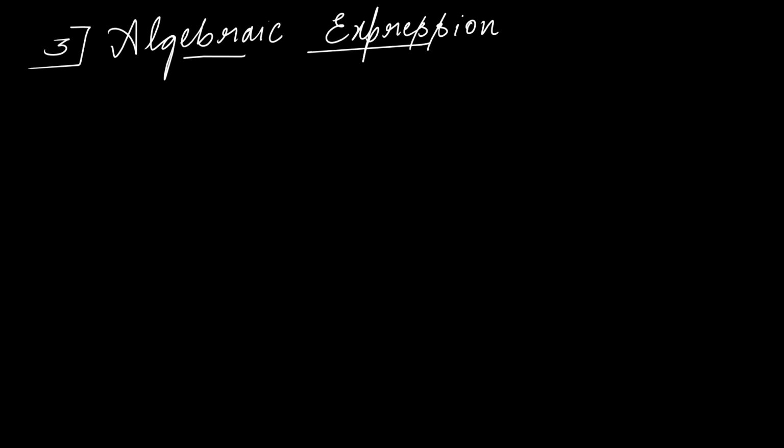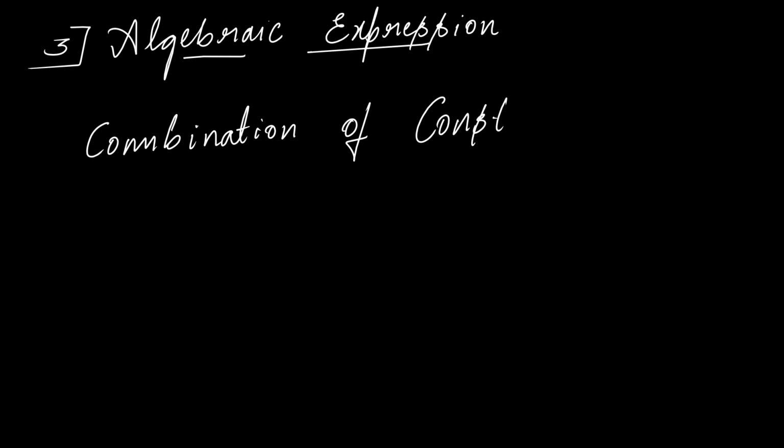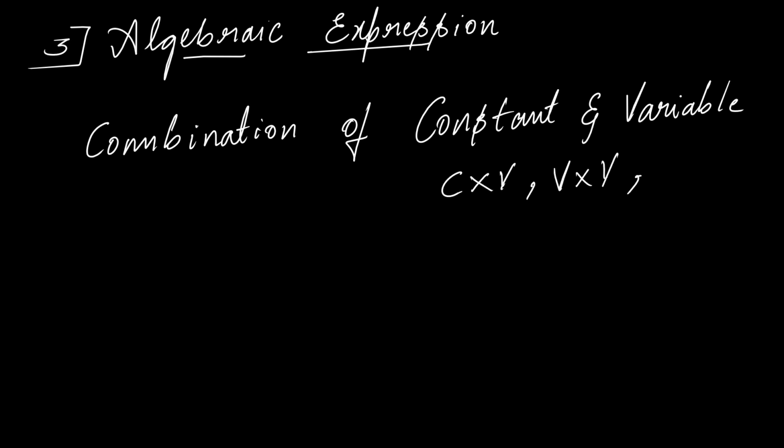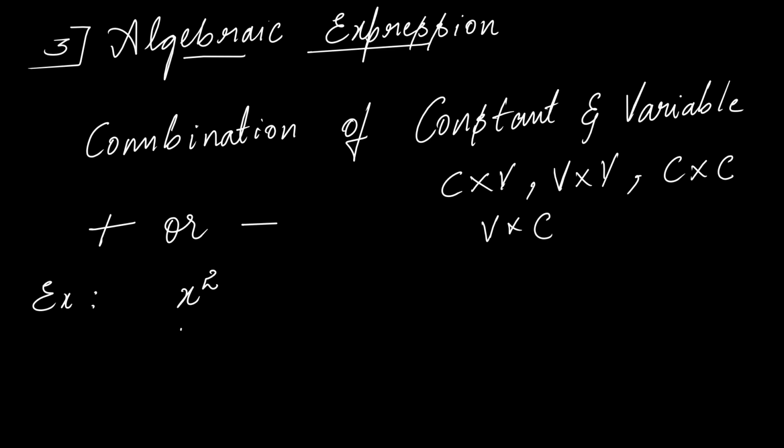Now let us understand algebraic expression. An algebraic expression is a combination of constants and variables. It can be a combination of constant and variable, or only variable, or only constant. So it is a combination of constants and variables which are separated by plus or minus symbols, called an algebraic expression.